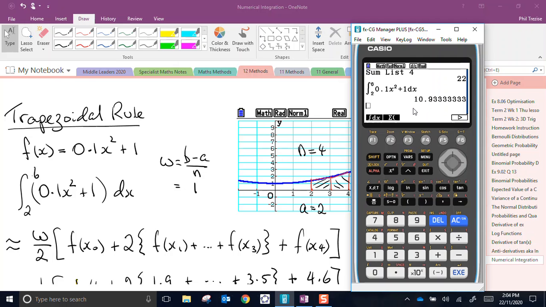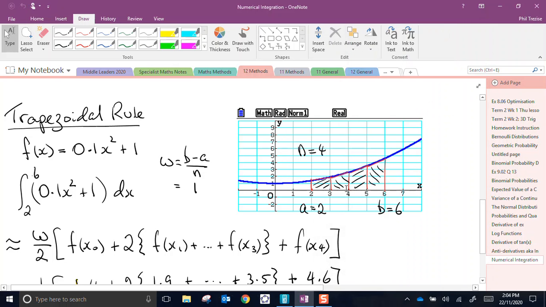We got 11. That's because we were using an approximate method, but it's very close. We could have got a closer approximation if we had used more than 4 strips. If we had used 10 strips, we would have done better. If we had used 100 strips, we would have done even better. So even though this is an approximate method, it's still a very good technique to know.